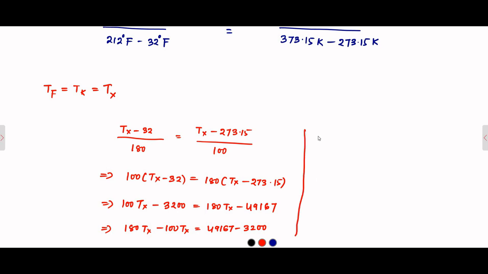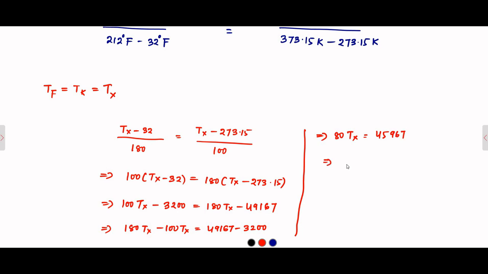Here what we have done is I have taken this 100 Tx to the right-hand side and it became negative, and this minus 49167 I took to the other side, so it became plus. So 80 Tx is equal to 45967.